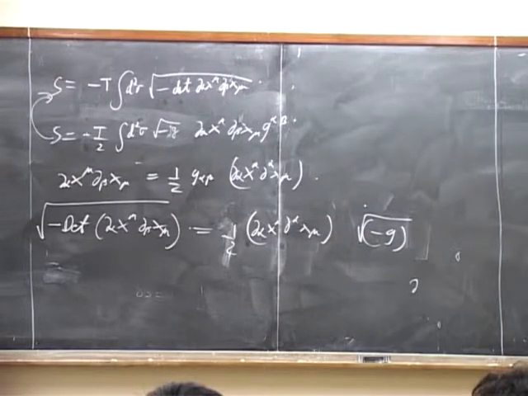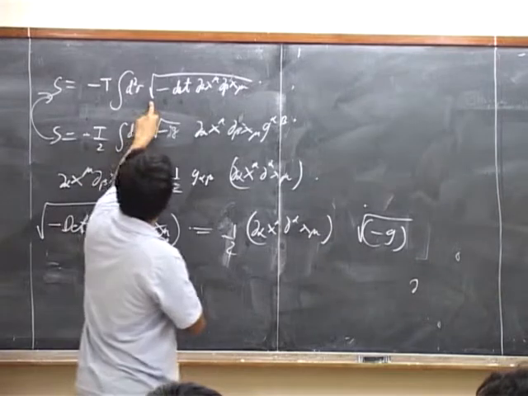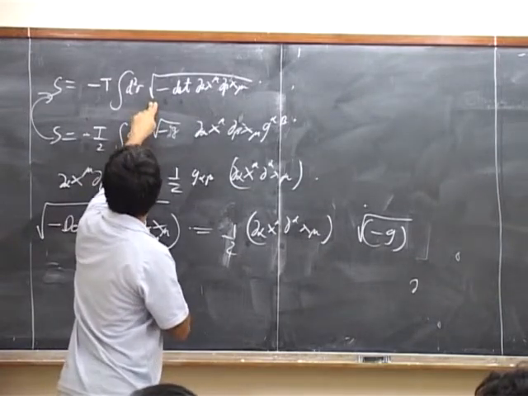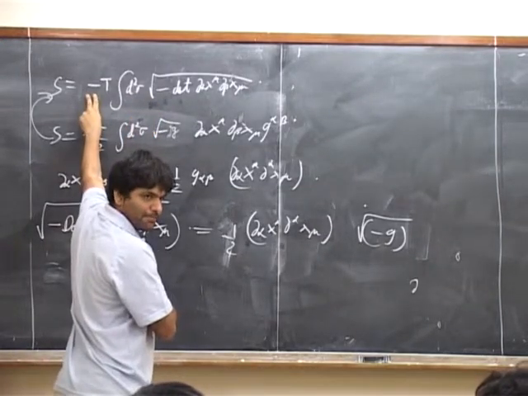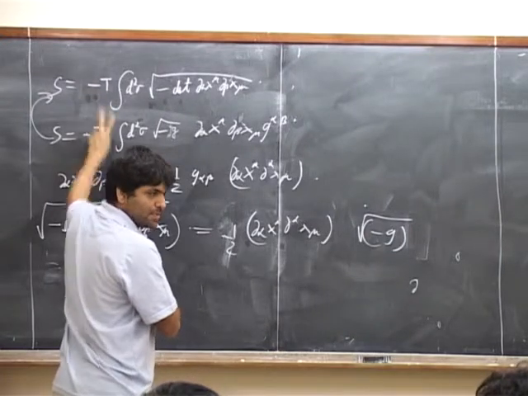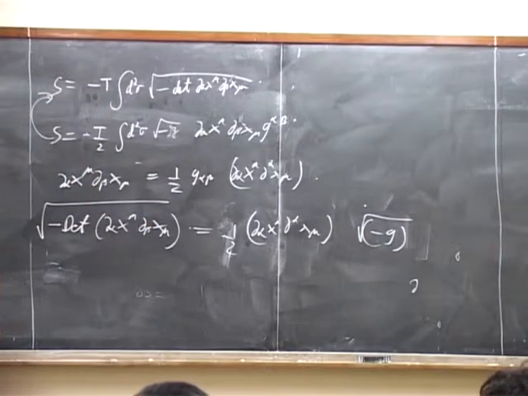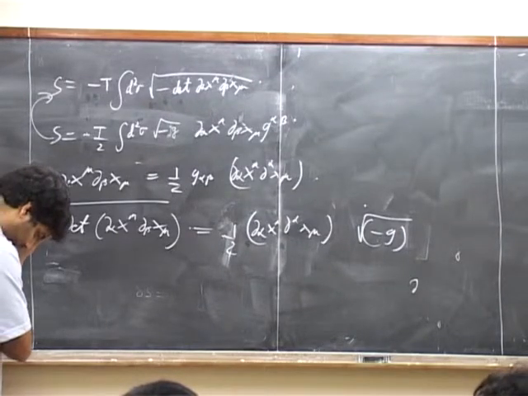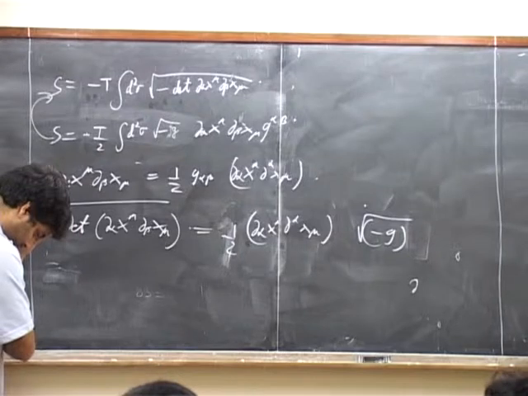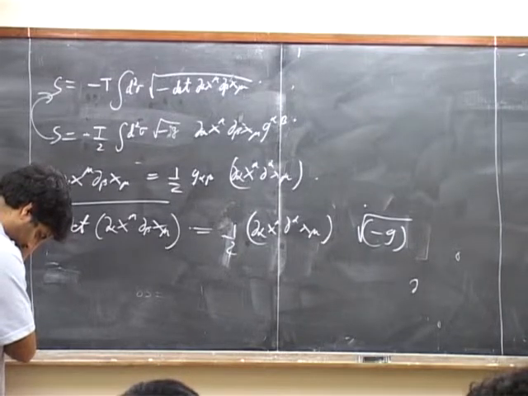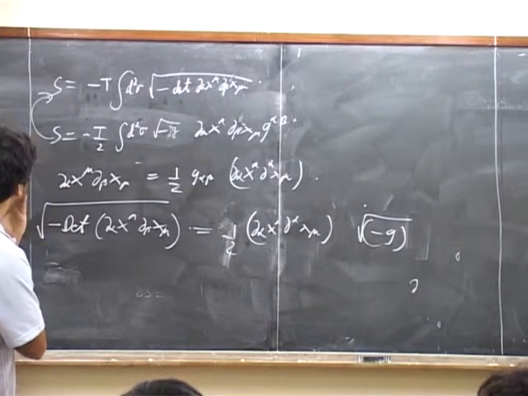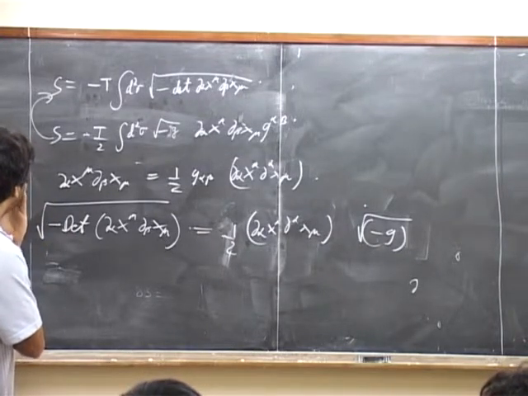But what's looking puzzling is that if by the square root we mean the positive square root, this looks like a negative definite object, whereas this looks like a positive object.